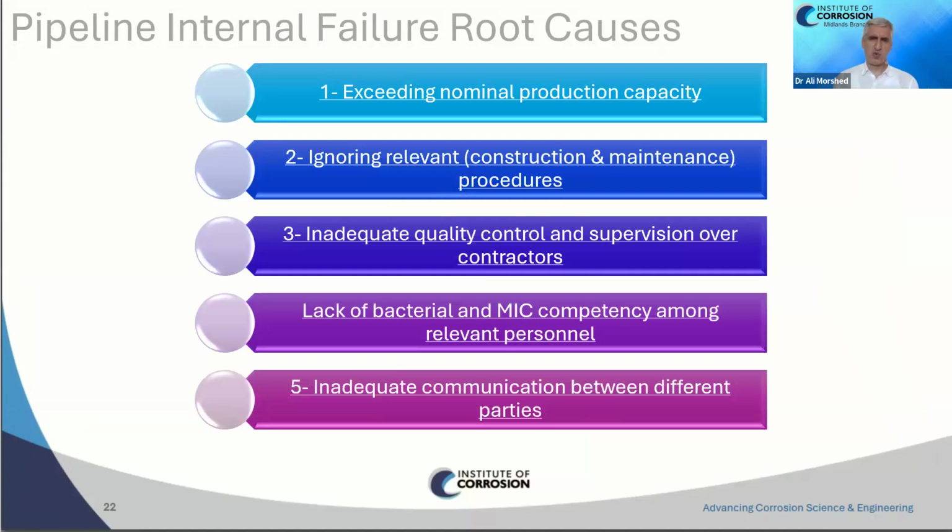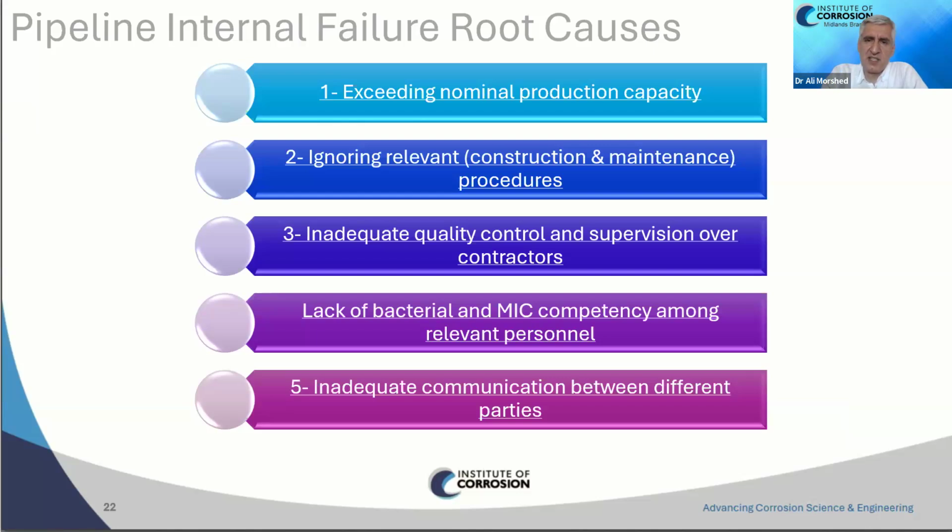I wanted to go through the root causes, from what we discussed and what we saw through the pictures, the clips and the reports we had received, of these internal MIC failures in the pipeline system for distributing natural gas. There were a few root causes.